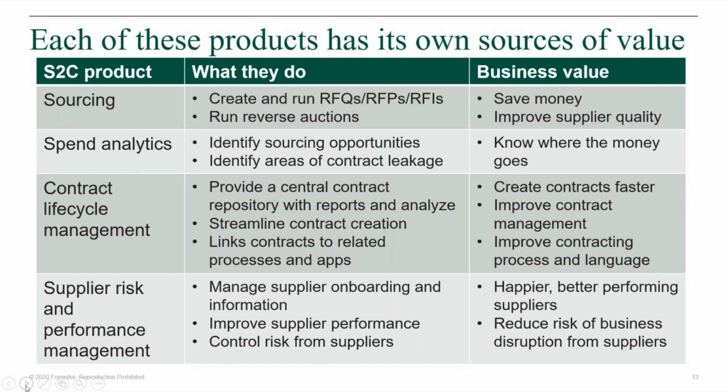The key benefits are, first of all, happier, better performing suppliers who will really add value, but also reduced risk of business disruption from suppliers who fail to perform, misperform, or cause other problems. So if you keep in mind these core things, this is what really drives the value of source to contract, what it is and why you get value from it.